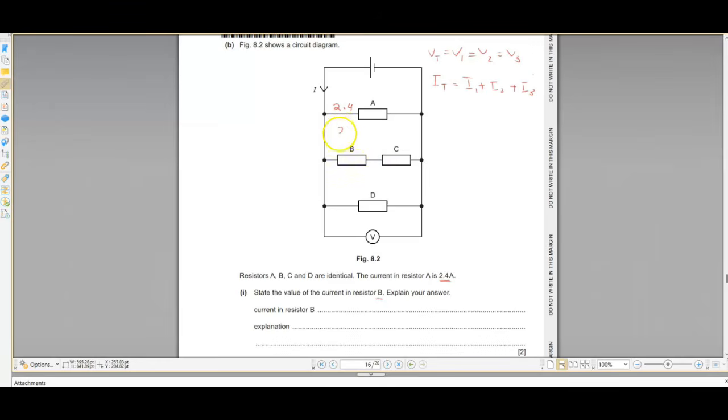So 2.4 divided by 2 gives 1.2 amperes and 1.2 amperes.